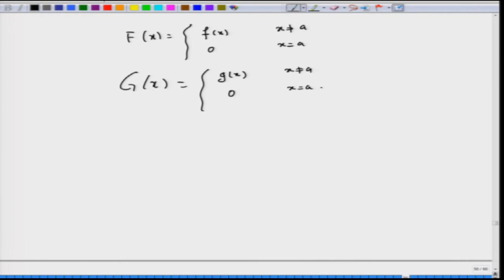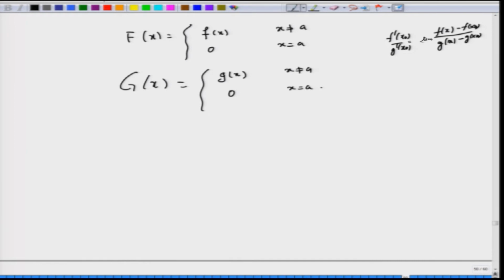So, obviously, as we have seen in the first proof of L'Hopital, f prime of x naught by g prime of x naught is equal to f of x minus f of x naught, because f of x naught is 0, over g of x minus g of x naught. So this is f x by g x.